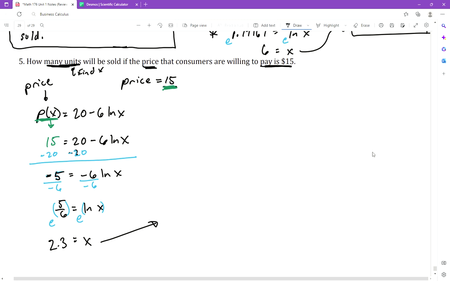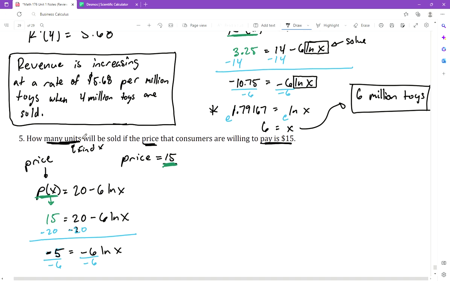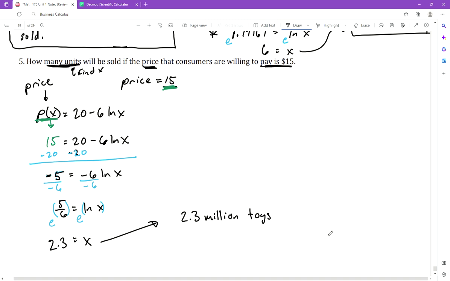Remember, x is in millions. They said units here, but the unit involved was toys. So 2.3 million toys will be sold. That's our final answer.